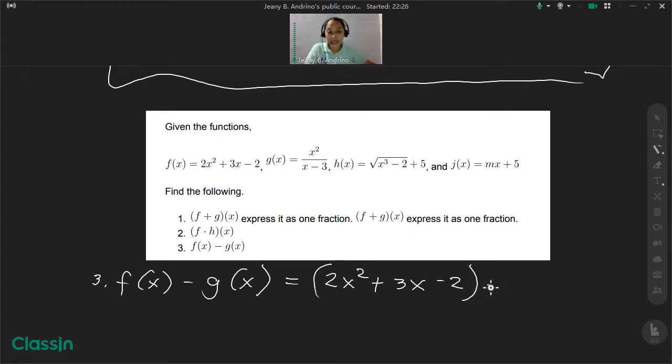And then we have minus g of x. We have x squared over x minus 3. And then we place this one in a parenthesis. Now, this is very important when you are doing subtraction. You must place your function in a parenthesis because later on when you have more than 2 terms on the second function, this will really change.